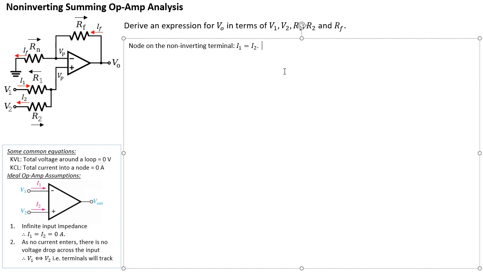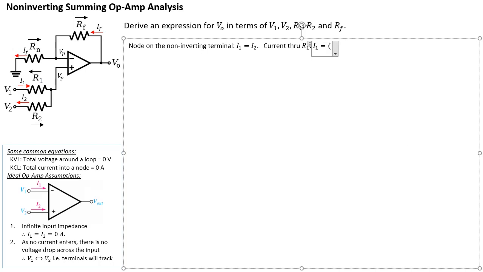The current through R1 is called I1. Through Ohm's law, I equals V over R, the voltage divided by the resistance.